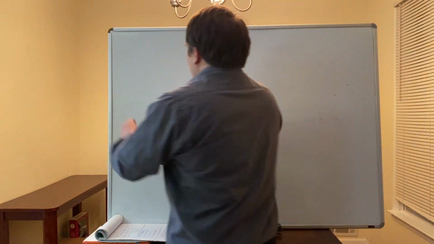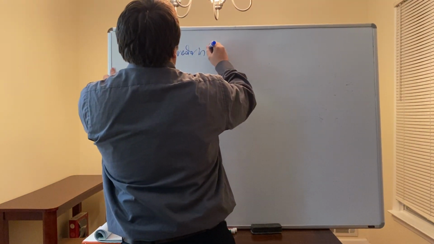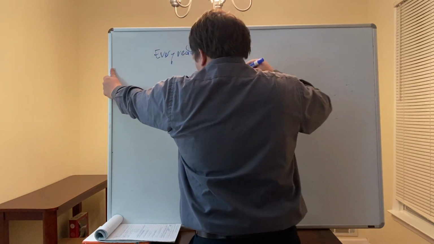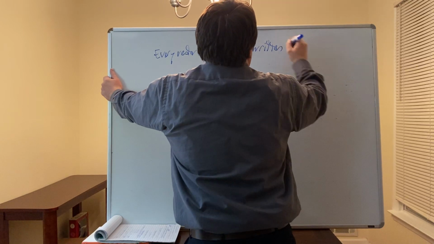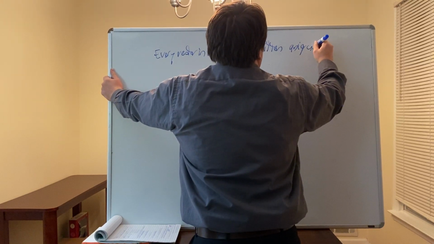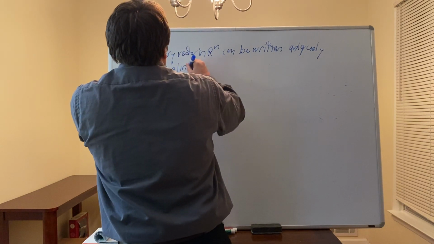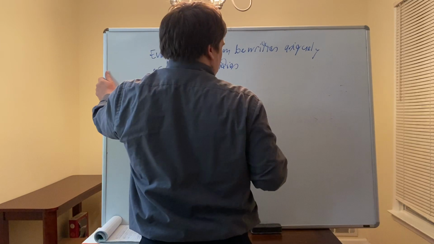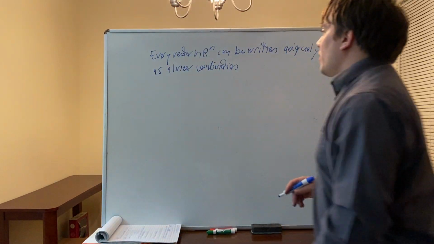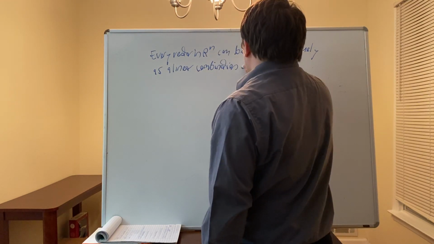Okay, so every vector in Rn, every vector in n-space, can be written uniquely as a linear combination of the standard unit vectors.